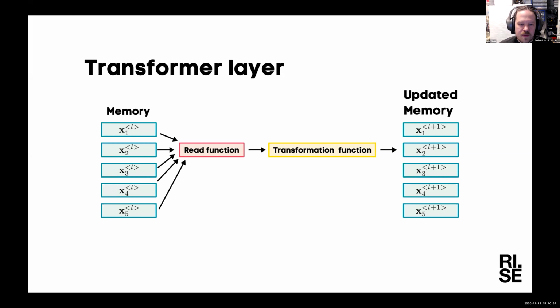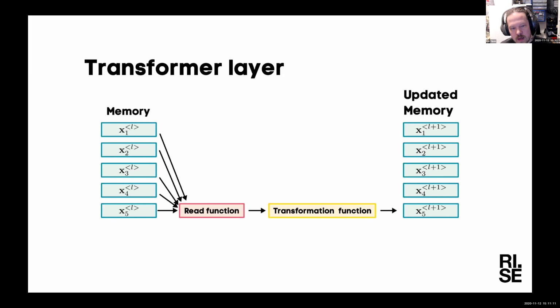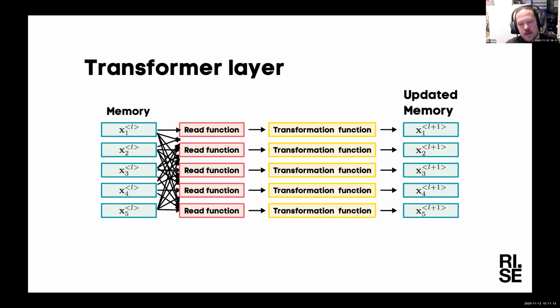And the way this works is that we apply the same read and transform function for each of the memory slots we want to update. At each memory slot, to update it, we read from the previous memory state, so that we have a parallel update mechanism.